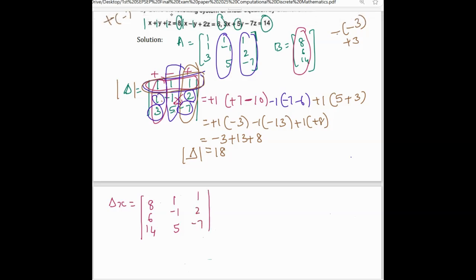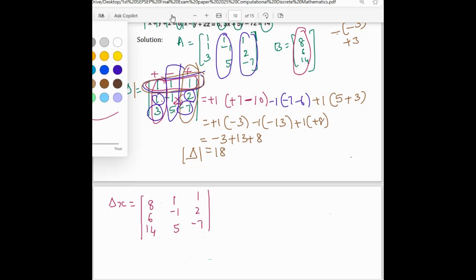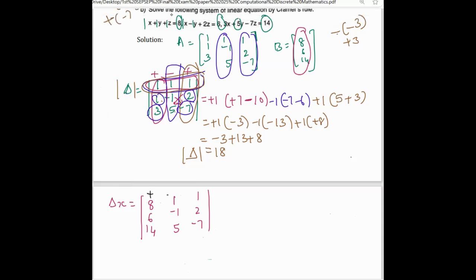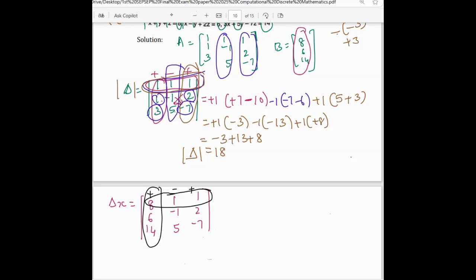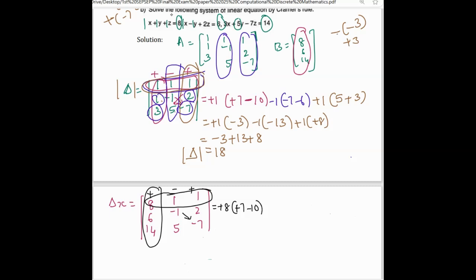Now simplify this by the determinant method, plus, minus, and plus. If you take the first row and first column, it is a plus 8 into, by cross multiplication, minus plus 7 minus 10. Then minus 1, the second one, that will be 6 into 7 is 42, minus 28.